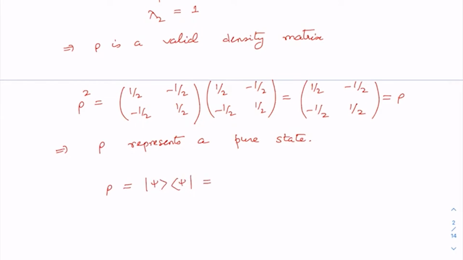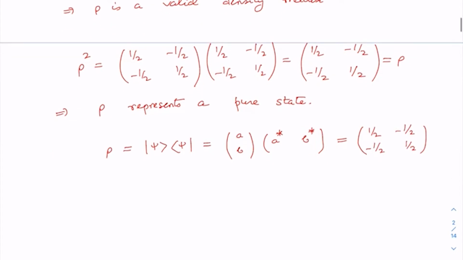Let us say ket psi is represented by a column vector with elements a, b, and bra psi would be a row vector with elements a star, b star. We equate this with rho, which is half, minus half, minus half, half.